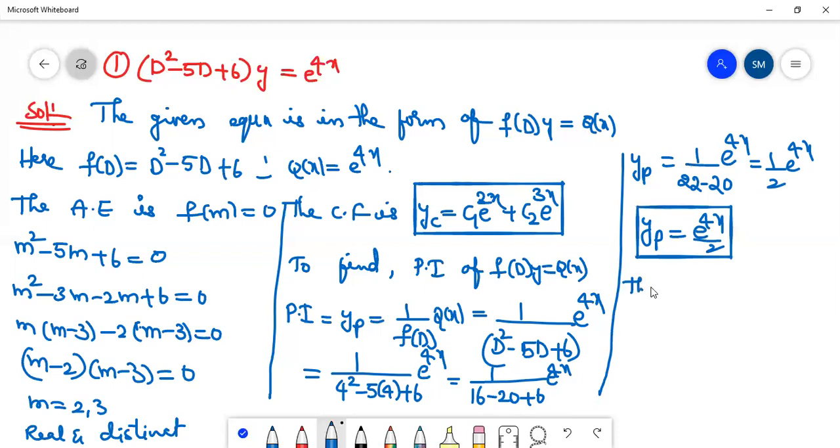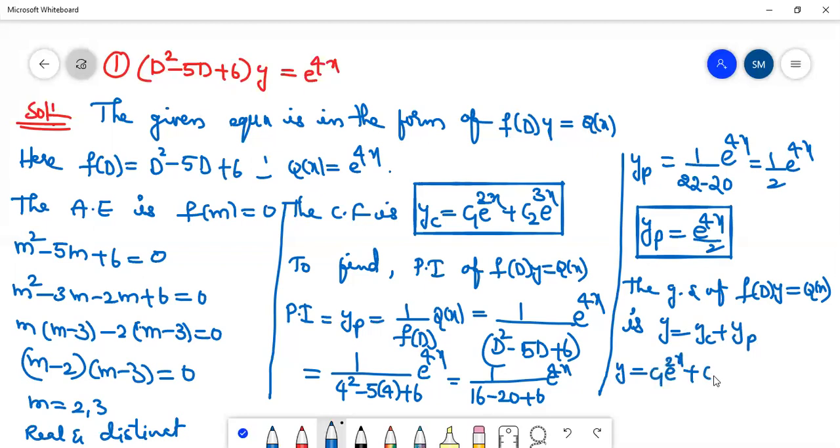The general solution of f of D into y is equal to Q of x is y equal to yc plus yp. Therefore, y equal to c1 e power 2x plus c2 e power 3x plus e power 4x by 2 is the required general solution of given equation 1.